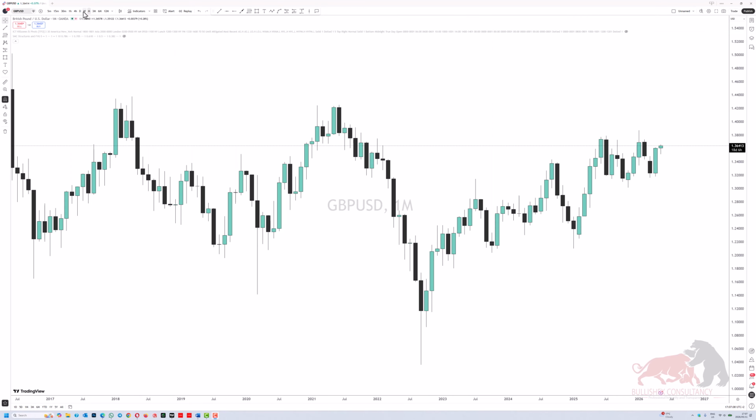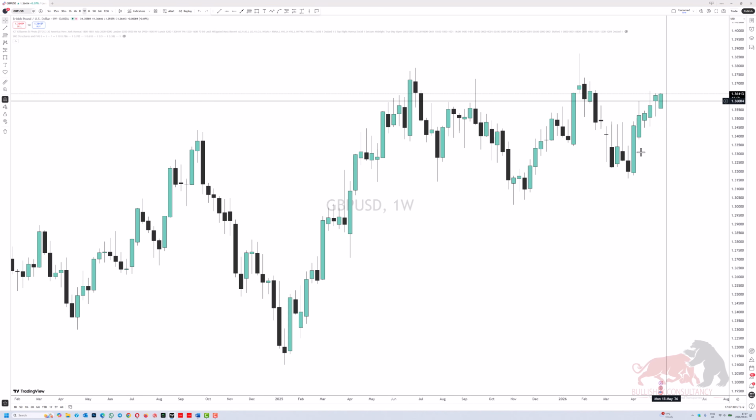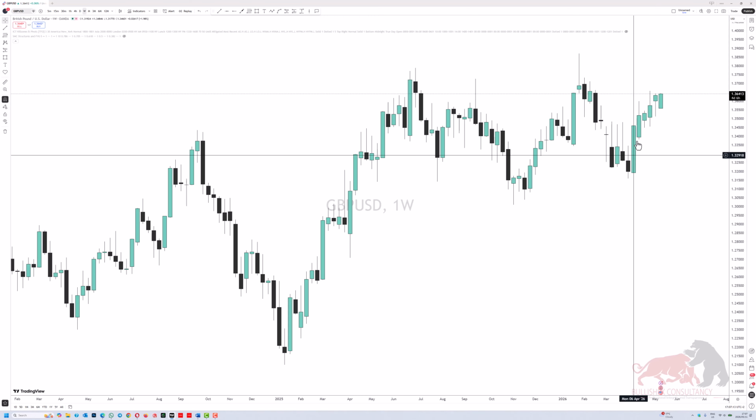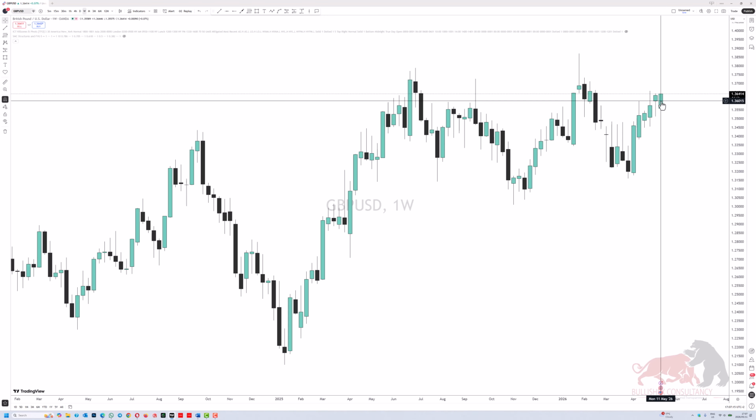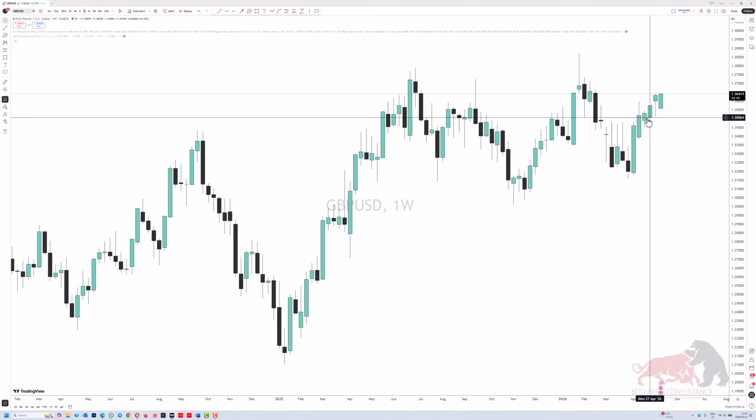If I go on the weekly chart, you can clearly see what I'm talking about. We've had 1, 2, 3, 4, 5, 6 weeks where pound sterling has been aggressively moving to the upside, right? And the market is now beginning to reflect that through the price action.